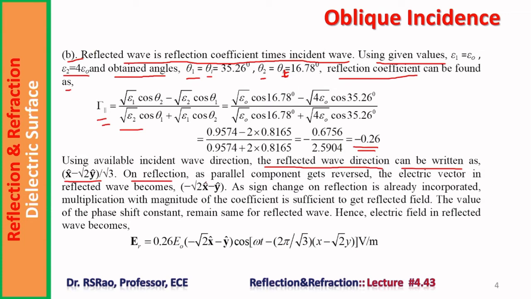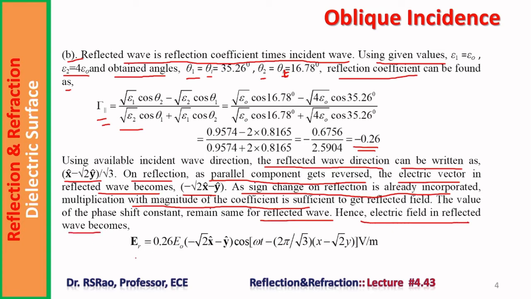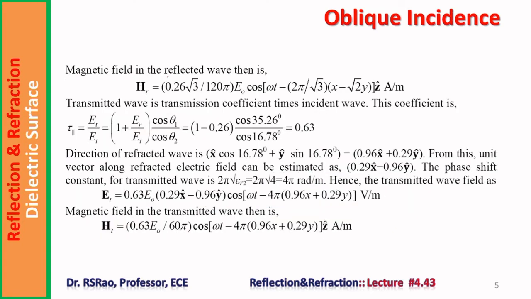On reflection, as the parallel component gets reversed, the electric vector in the reflected wave becomes minus root 2 x cap minus y cap. As the sign change on reflection is already incorporated, multiplication with the magnitude of the reflection quotient is sufficient to get the reflected field. The value of the phase shift constant remains the same for the reflected wave, hence the electric field in the reflected wave becomes this one.